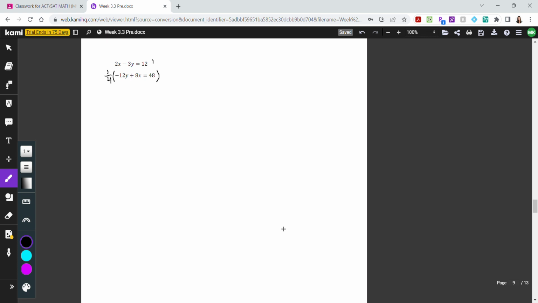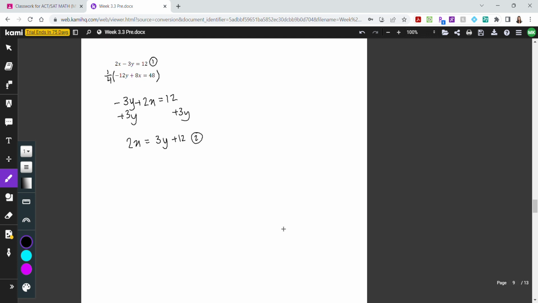So I'm going to label this as our first equation, and now I'm going to get our second equation, which would be -3y plus 2x equals 12. Oh look, 2x. I'm going to substitute 2x with this. So I'm going to isolate 2x now. So we're going to add 3y to both sides, which would then give us 2x equals 3y plus 12. And this is going to be our second equation.